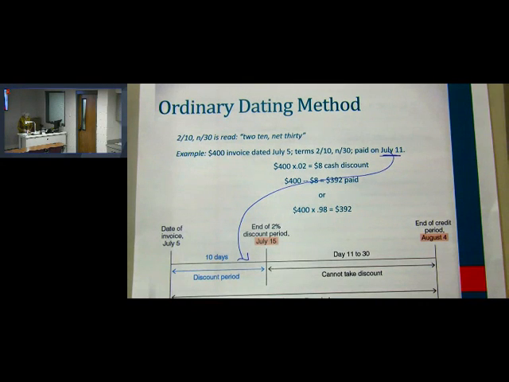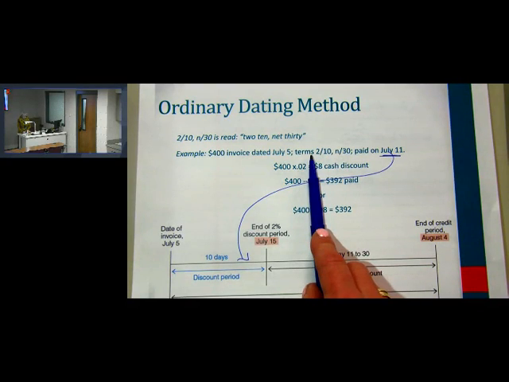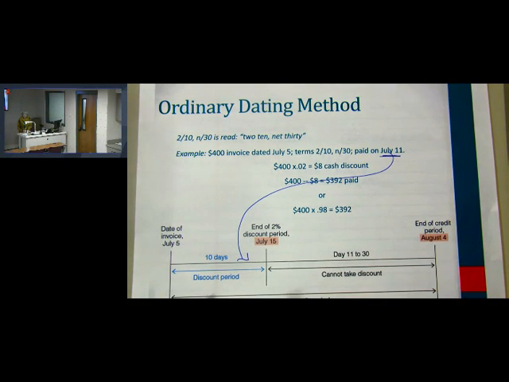Okay, so again, the bill came out on July 5th. The terms of trade are 2/10 net 30, and you make a payment on July 11th. Well, if you're looking at the discount period and you've got an invoice that comes out at the beginning of the month, that's pretty easy to figure. The invoice comes out on the 5th.